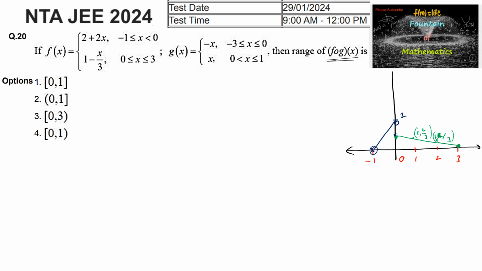And coming to the graph of the function g of x, we can see that from minus 3 to 0 and 0 to 1.